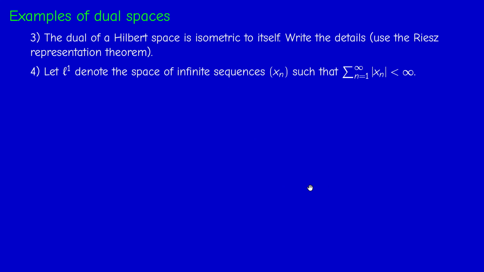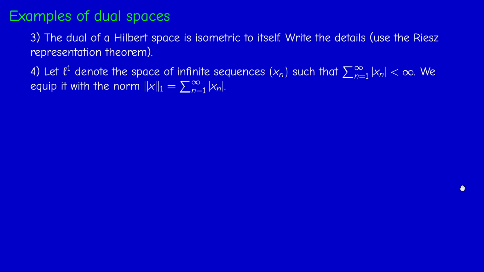Okay, now let's review. What is the dual of L1? L1, as you may know, is the space of infinite sequences for which the series of their general term is absolutely convergent. So this is a classical example of a Banach space under the norm 1, which is the sum of the series of absolute values.